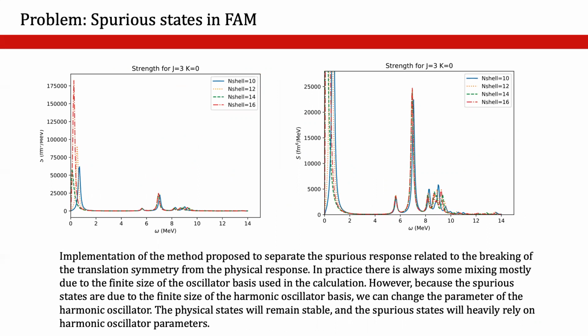And since these spurious states are caused by the finite size of the harmonic oscillator basis, they must be very sensitive to the harmonic oscillator parameters, and we can play with that.